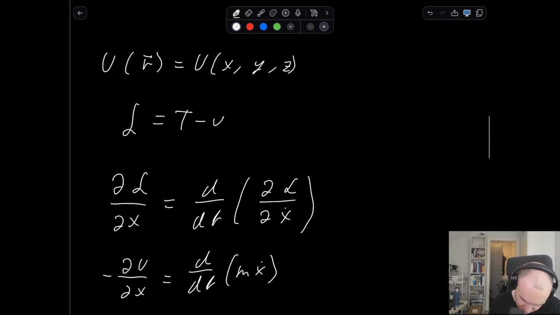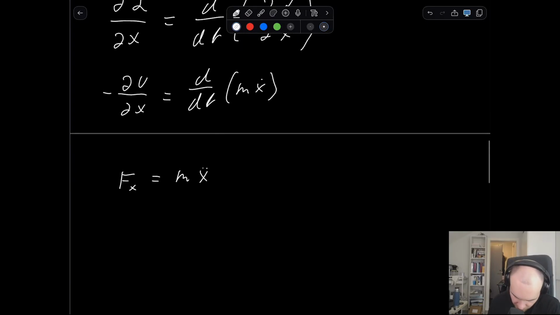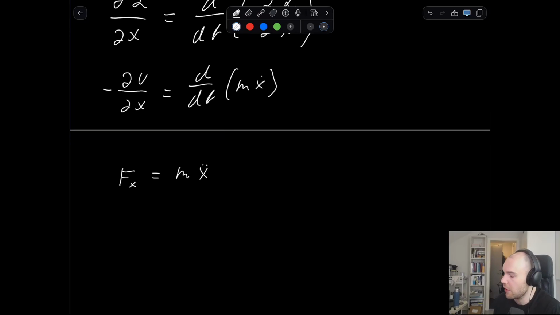With the Lagrangian, T minus U, the Lagrangian function, we arrived at Newton's second law. And we know that Newton's second law predicts the path, in this case, of the particle. But the Lagrangian equation arrived at the same conclusion, i.e., they are the same.